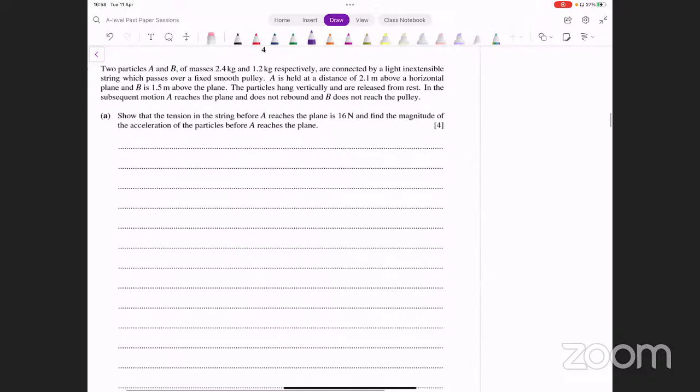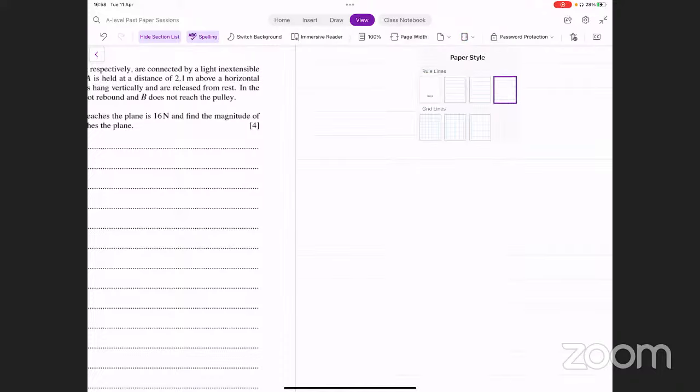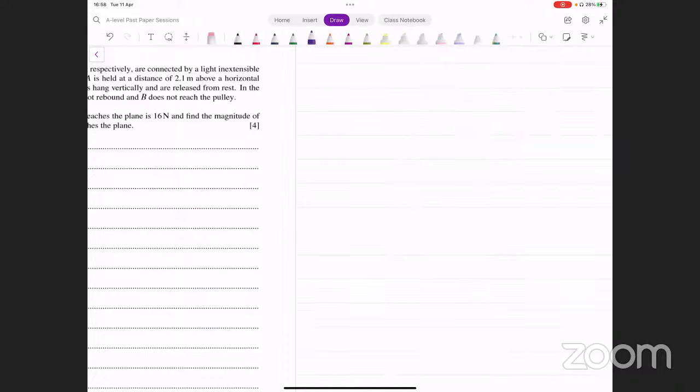A is held 2.1 meters above a horizontal plane, and B is 1.5 meters above the plane. The particles hang vertically and are released from rest. So it's a situation like this: you have a horizontal plane, and there's a pulley here like this.